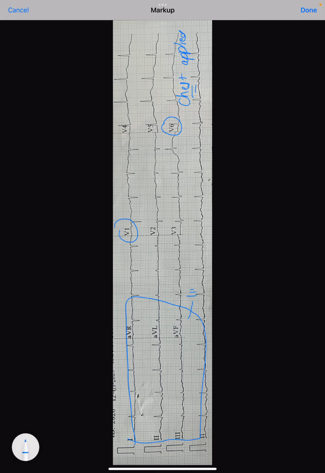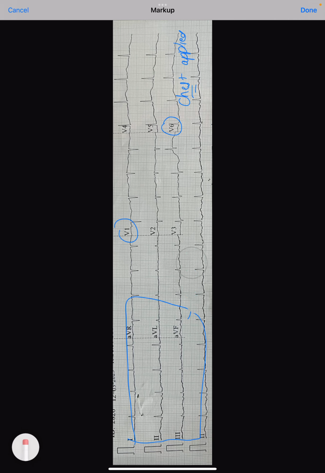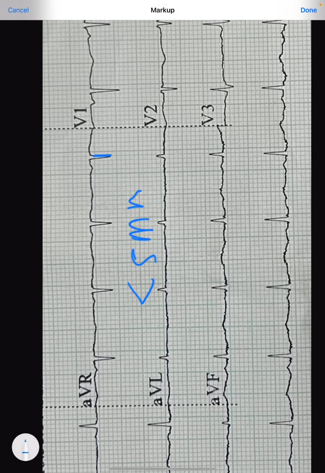Whereas lead 1, 2, 3, AVR, AVF are all limb leads. Now, in this ECG, what we can crystal clearly see is that the amplitude of the QRS complexes is much, much less. You can very nicely make out that in all these limb leads, the QRS amplitude is less than 5 millimeter.